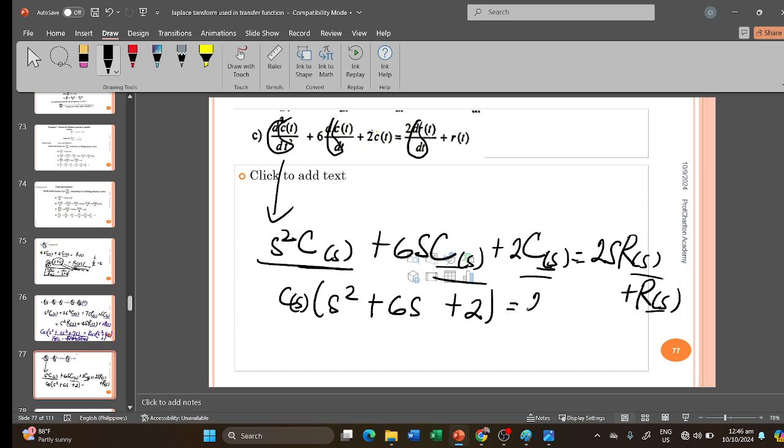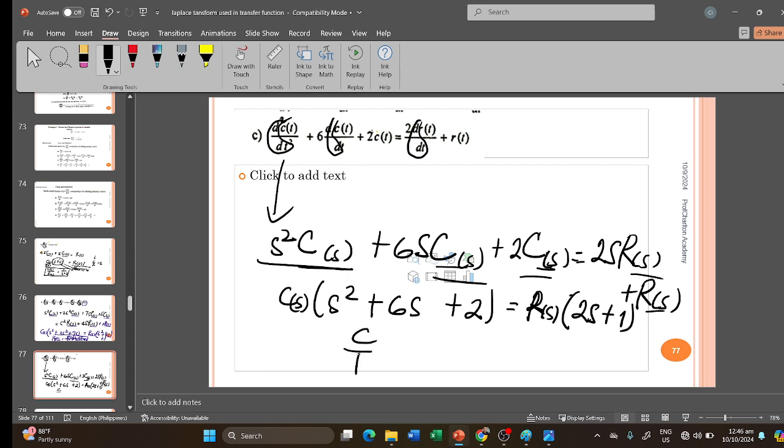On the right side, we retain the 2. I mean, we factor out R, s. Then we retain the 2s plus 1 in order to get this.